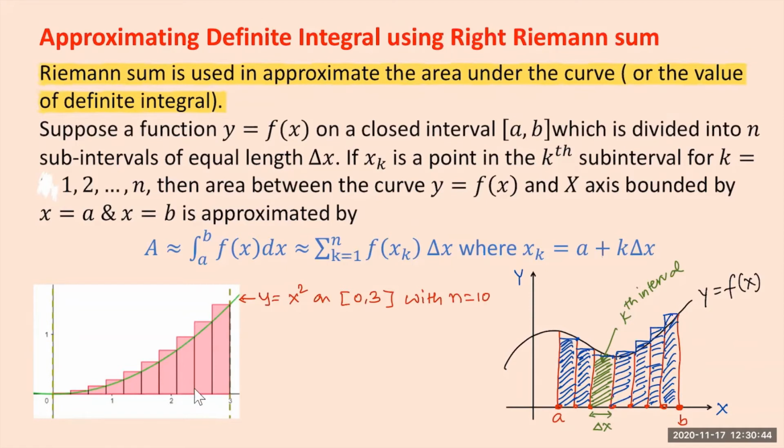You can see in each rectangle, for example this one here, I completed the rectangle from the right top. So all these rectangles are constructed to fit the property of the right Riemann sum. So that is the fundamental idea about approximating the definite integral using the right Riemann sum.